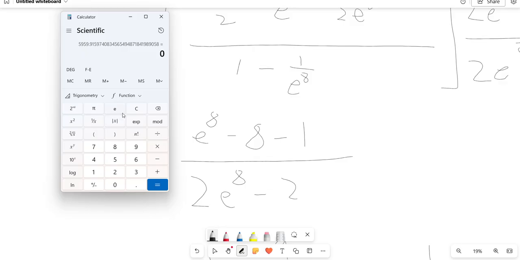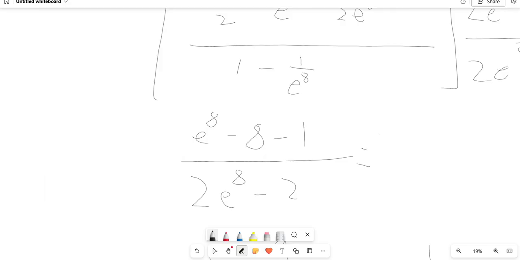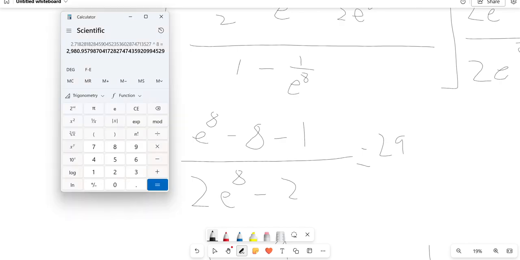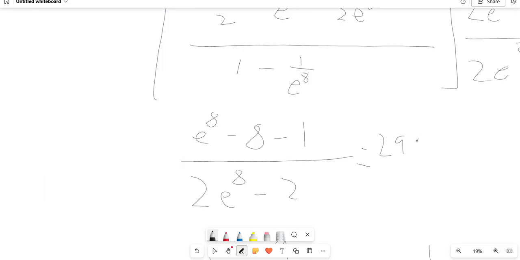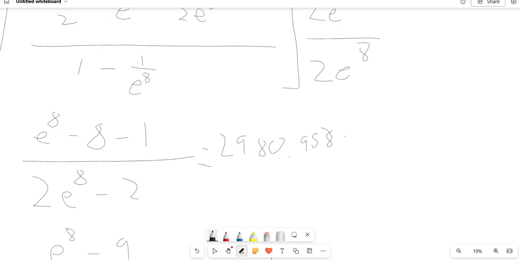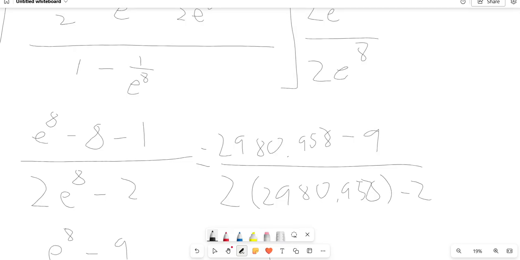So e to the power of 8 equals, so let's just write this down, 2980.958 roughly, minus 9 over 2 times 2980.958 minus 2. And let's punch that all into the calculator.